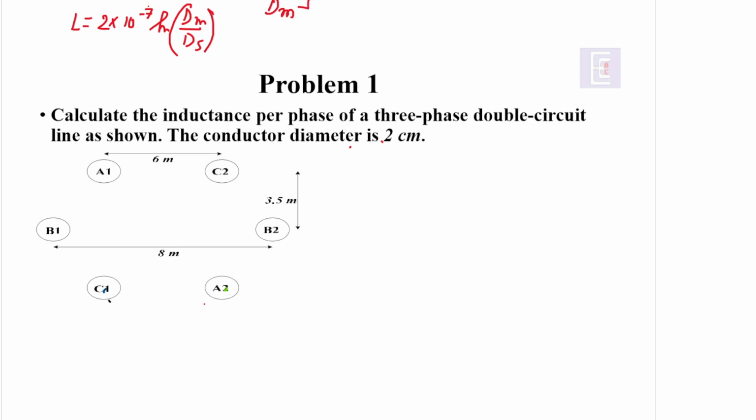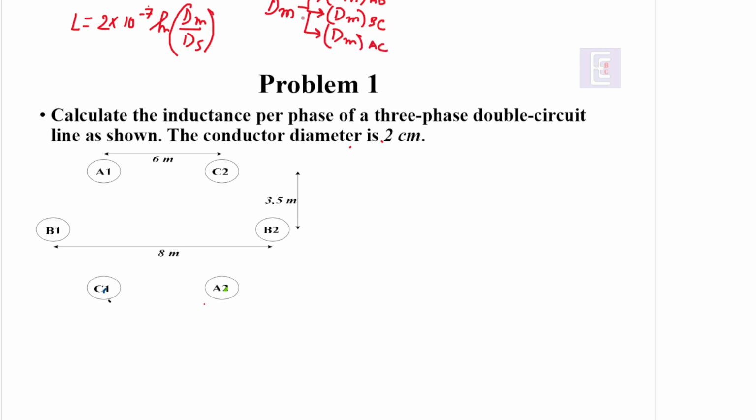So you have to first calculate what is the mutual distance between A and B. Second, you need to calculate the mutual distance between B and C. And third, the mutual distance between A and C.